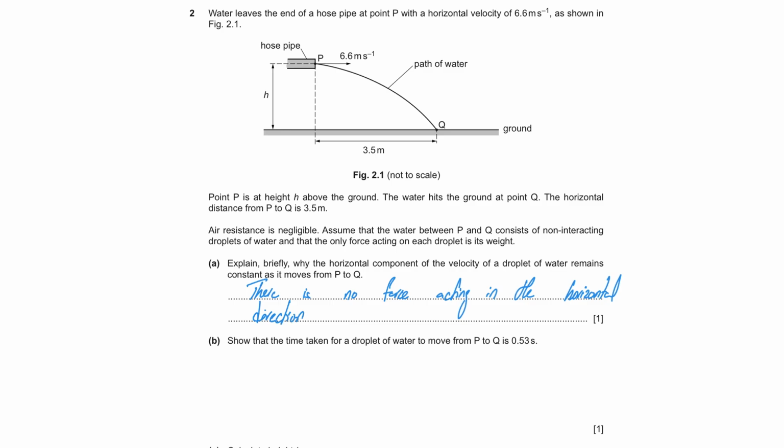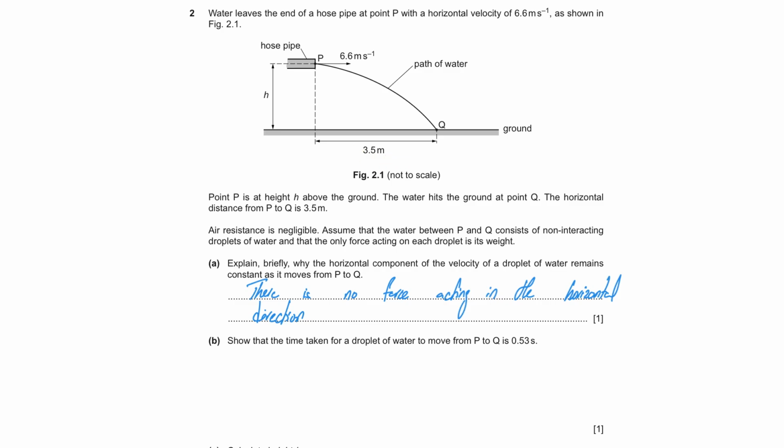Part B says show that the time taken for a droplet of water to move from P to Q is 0.53 seconds. You can either go with the vertical component and the vertical height, but we don't have the vertical height, so we can't calculate time using the vertical quantities like velocity, acceleration, or displacement. What we'll use instead is the horizontal velocity along with the horizontal distance.